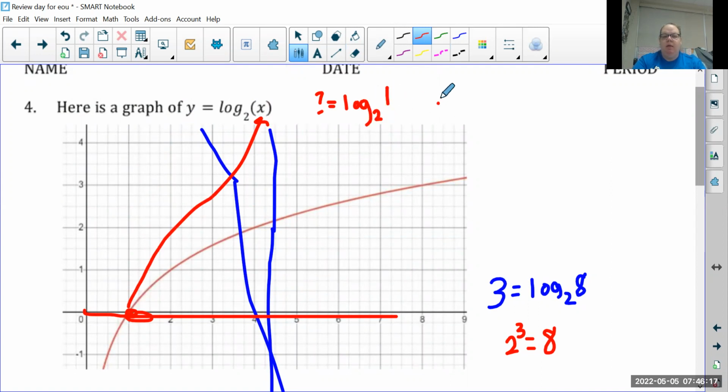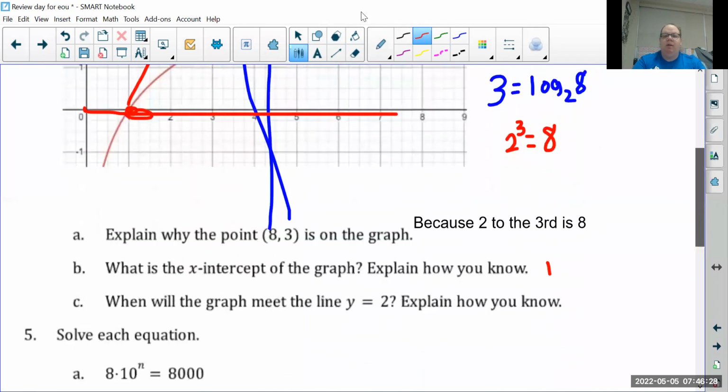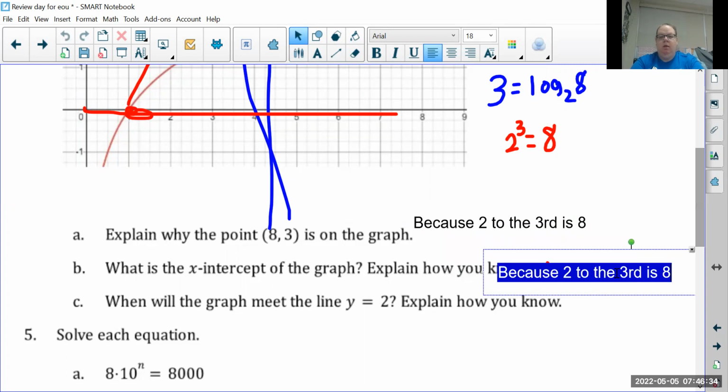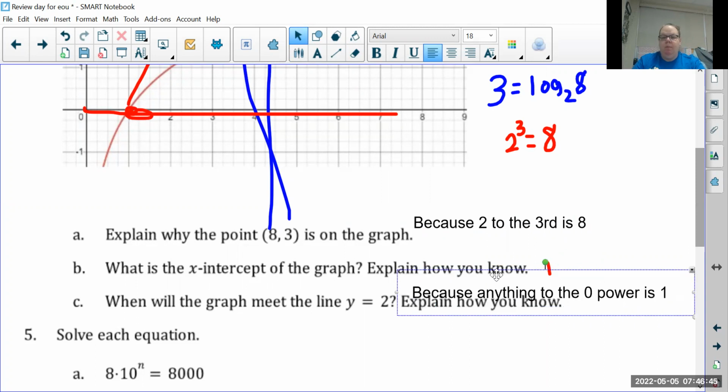If I rewrite that, it says 2 to the what equals 1, and we should know 2 to the 0 power is 1, because any number to the 0 power is 1. That would be a good reasoning for that one.